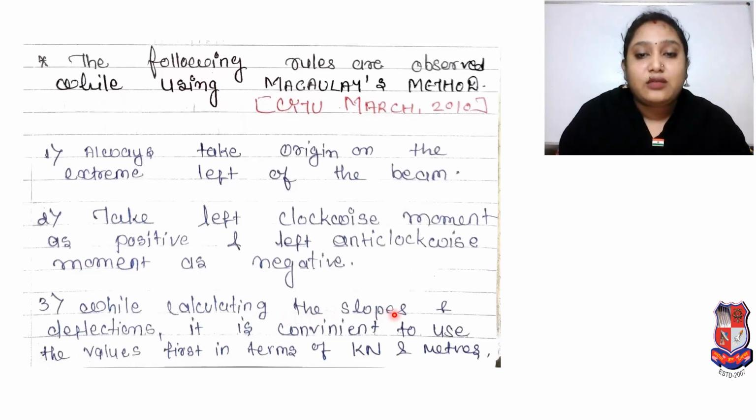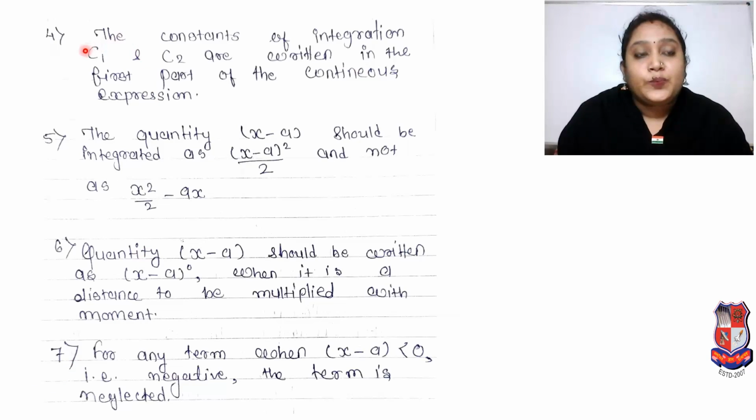While calculating the slope and deflection, it is convenient to use the values first in terms of kilonewton and meters. Fourth rule: the constants of integration C1 and C2 are written in the first part of the continuous expression.